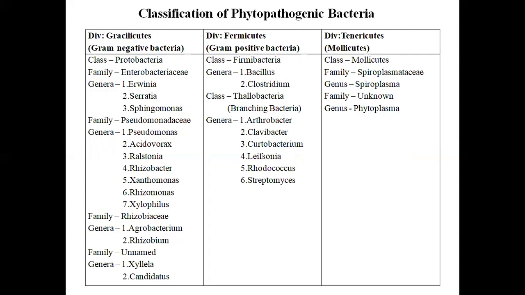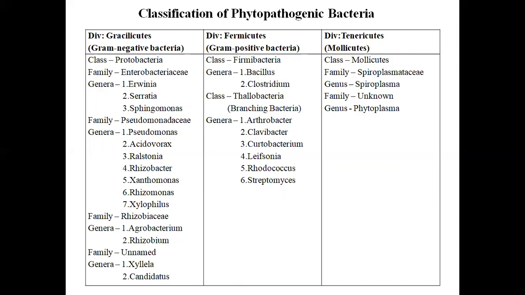Then the second class is Thallobacteria, known as branching bacteria. There is no particularly important genus in this class in relation to plant pathology.